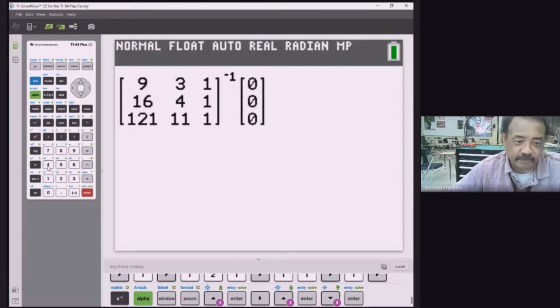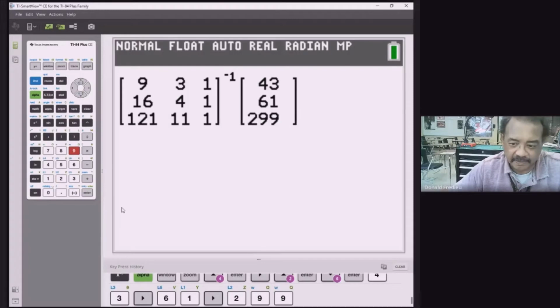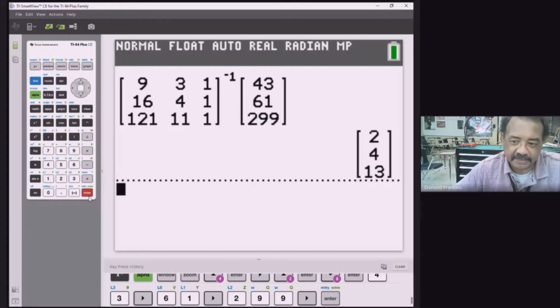And I'm going to put in 43, 61, and 299. And then I'll space over, press the enter key, and it looks as if my answer should be 2, 4, and 13.